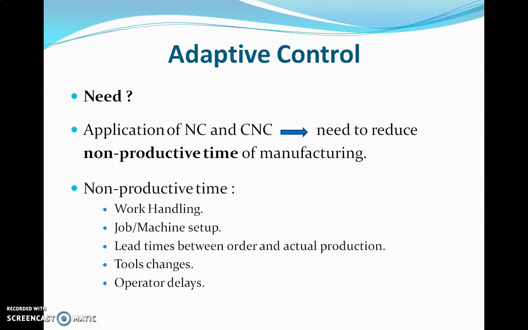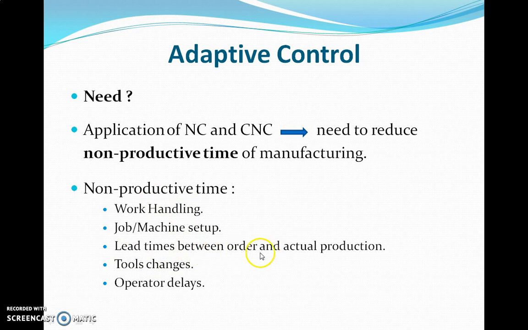In non-productive time, the factors which can affect it are work handling. That means transferring the part from one station to another station. It consumes time, so it is non-productive time. Job or machine setup is also going to consume your time.